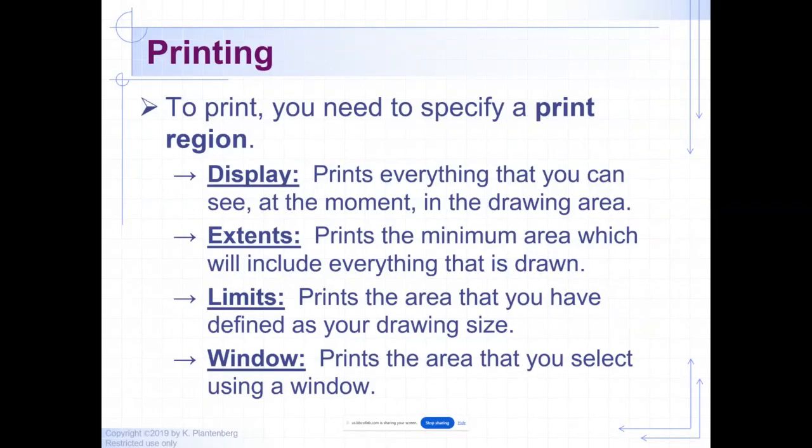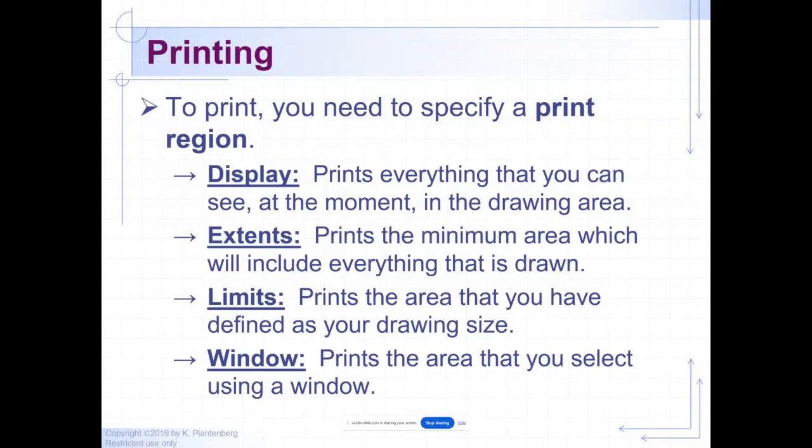So there are different places you can print, right? You guys don't know what Paperspace is yet, but you will. But you can set up a print in Model Space, which is where we're going to start. That's the black area that we start with, where you draw everything. The only thing that we draw on the Paperspace is our border and title block.